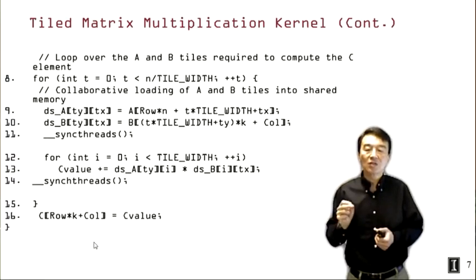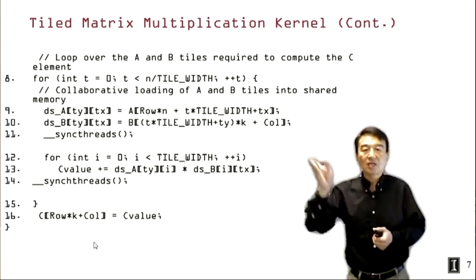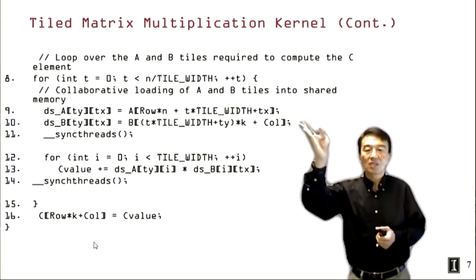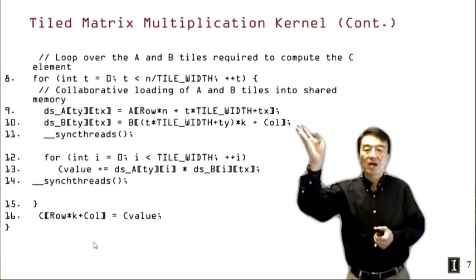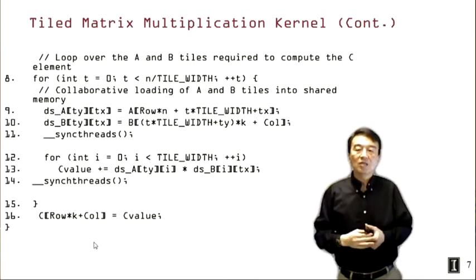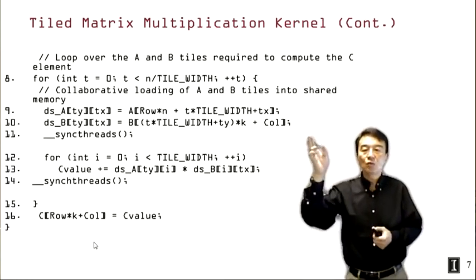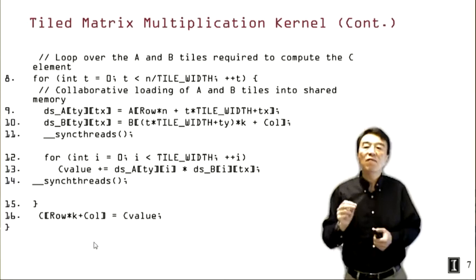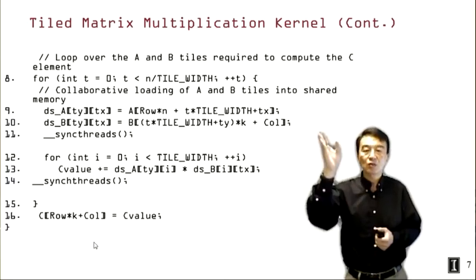So as long as you understand the reasoning behind the calculation of these elements and linearize them according to the row major layout, you should be able to see exactly why we have the expression for A and B in these two loads. Even though we only see two statements, remember every thread is going to execute these two statements.